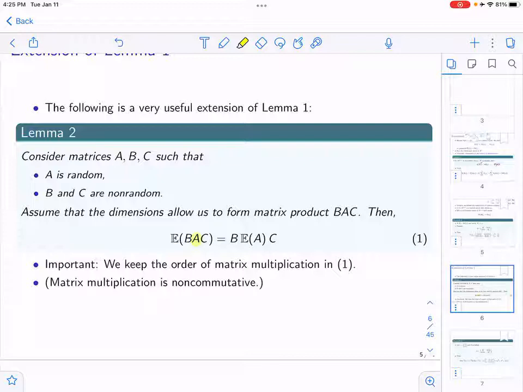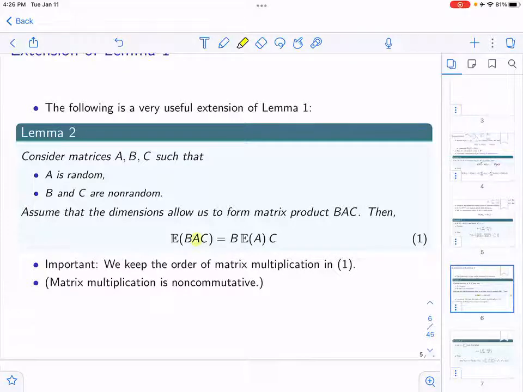Then I can pull B and C out. They're like constants, they move out. And I can apply the expectation to the element which is random, this guy. So this side is non-random. Both sides are non-random, but this gives you a way of computing the expectation of this based on the expectation of A. Again, you can verify this for yourself. Just write down every element.